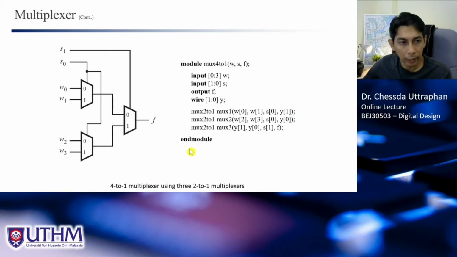And we also can use hierarchical design, by using 2-to-1 multiplexers connected like this, and we can have the 4-to-1 multiplexer as well. And we can instantiate the module mux 2-1.